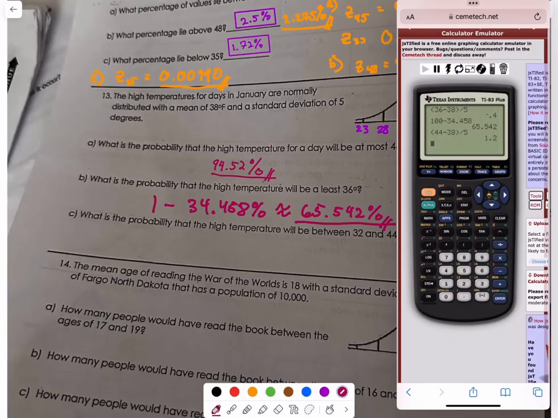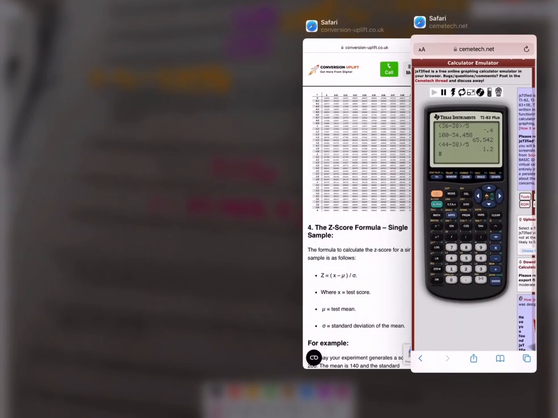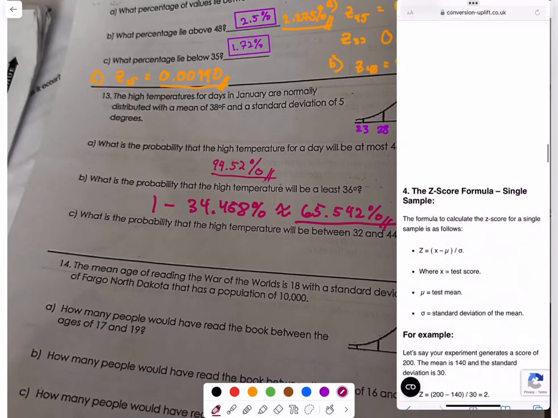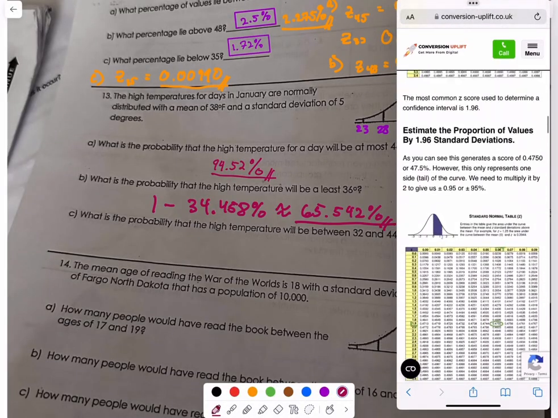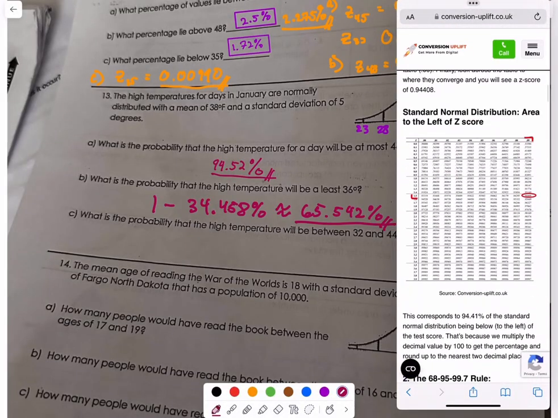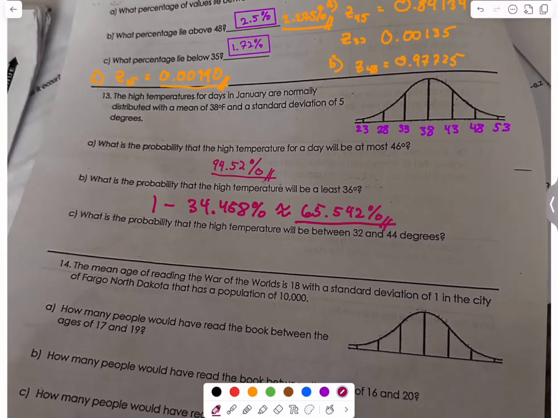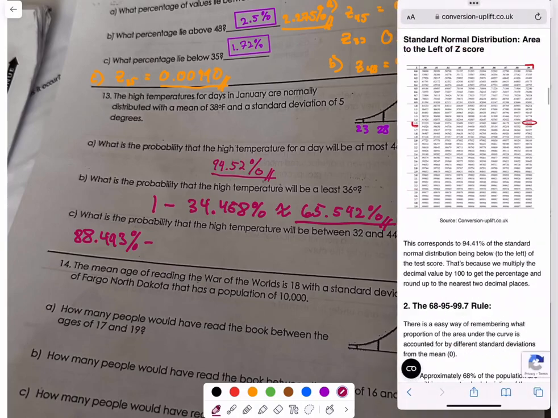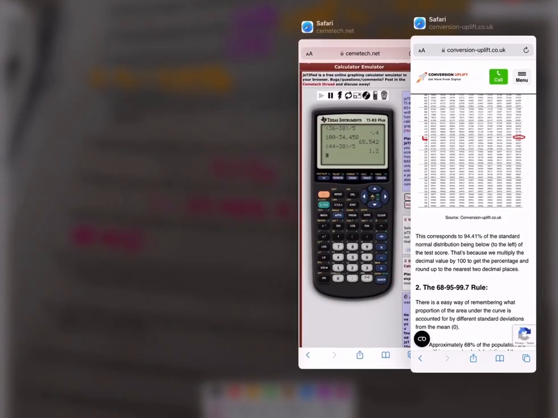We get a z-score of 1.2. So then the 1.2 has a probability 88.493. So we're going to say the 88.493% minus.